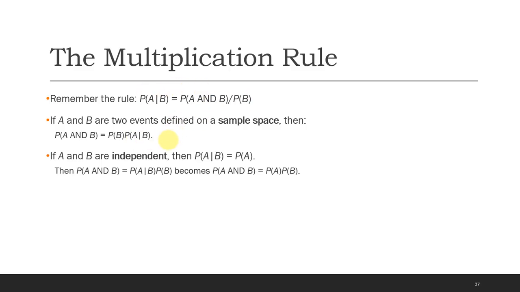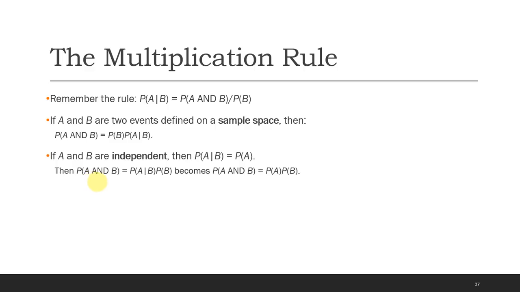With the multiplication rule, if you know that two events are independent, then one thing that you know is that the probability of A given B is equal to the probability of A. This is really part of the definition of being independent, but we want to take a second to appreciate this.